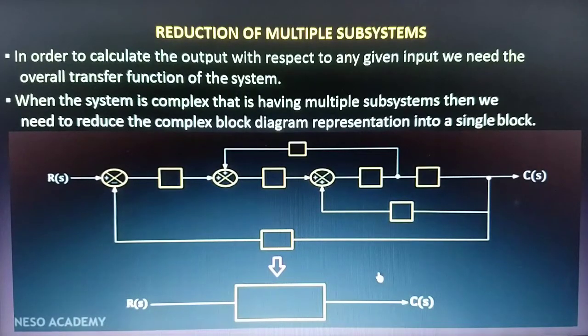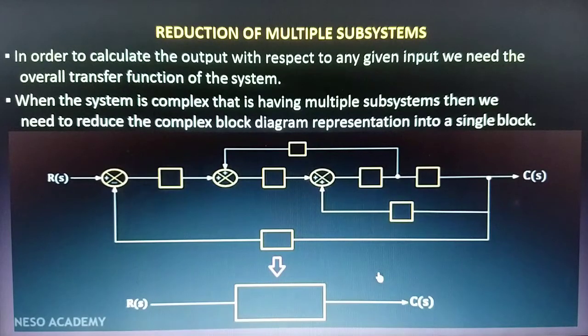So we have 2 points here. To start with the first point, in order to calculate the output with respect to any given input, we need the overall transfer function of the system. We all know that the transfer function is an important parameter for finding the output with respect to any given input.